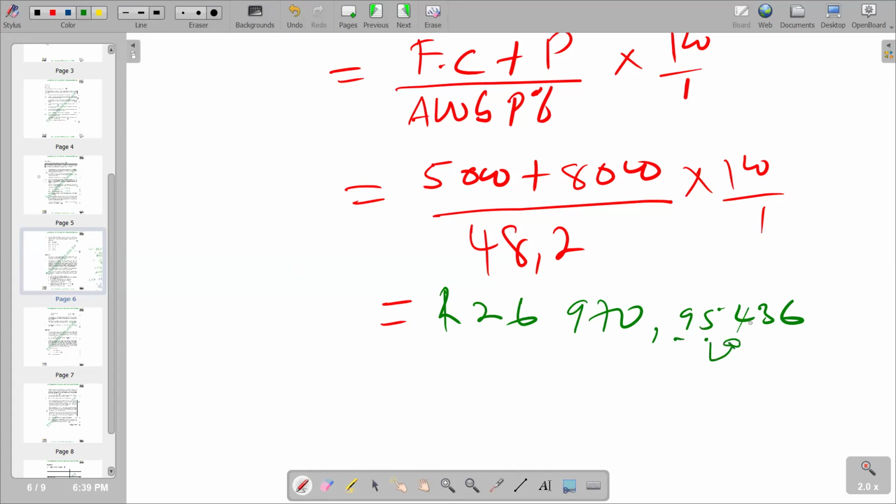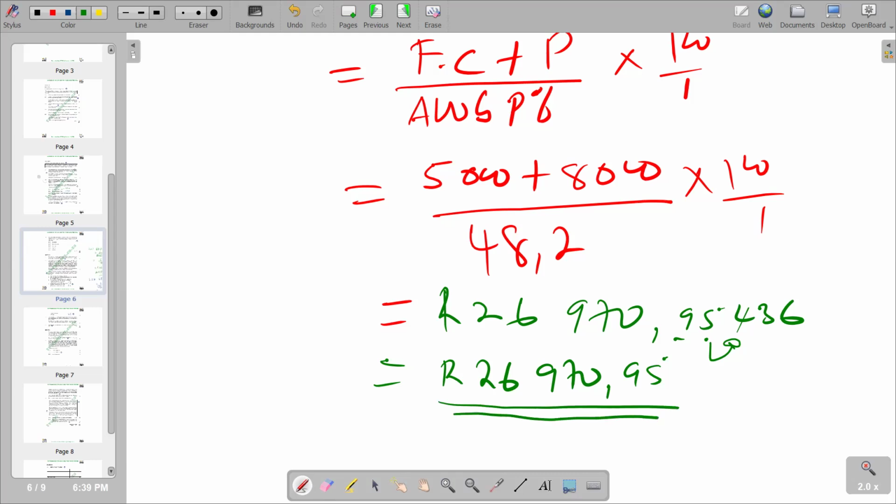The 4 doesn't change our 5, so it becomes 26,970.95. This becomes your break-even point in value given a targeted level of profit. The targeted level of profit that we have here is 8,000.